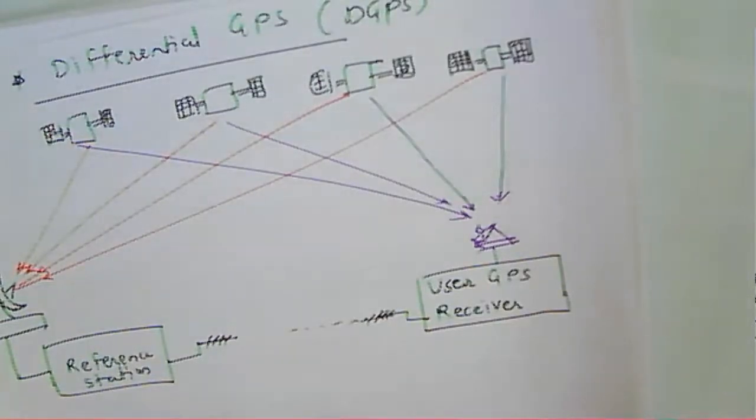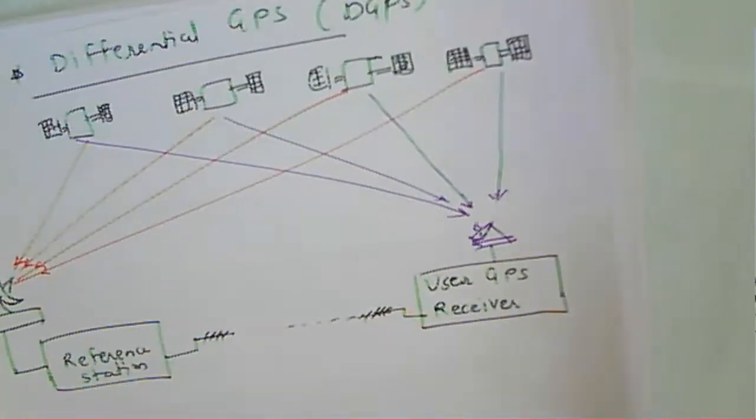And then MTSAT, or MSAS, the satellite system used by Japan. So there are various navigation systems used by various countries.